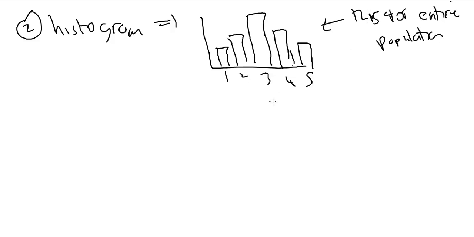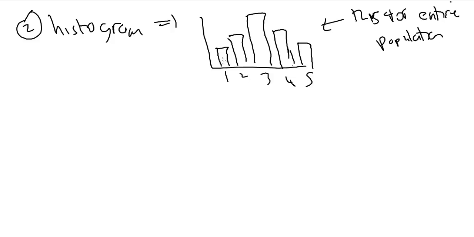Now, if you then instead took a sample, which was random, then you would expect to get exactly the same shape, because a random sample shouldn't have any reason to have a bias.